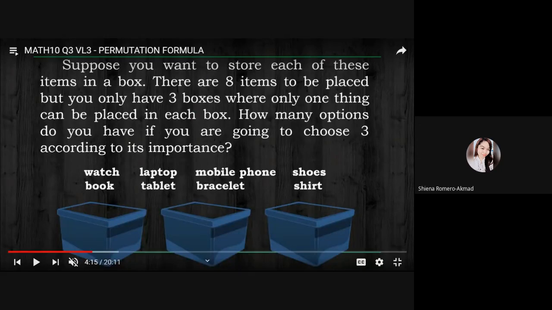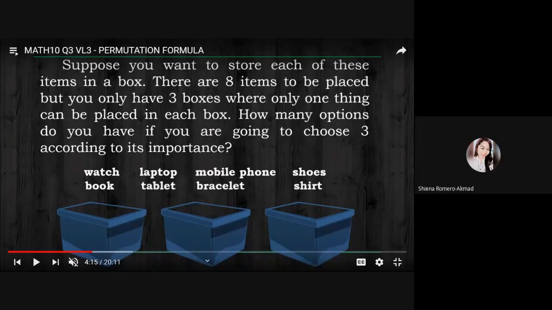So let me ask one of you. 1 lang para mabilis tayo. Ningoy. So, kung tatanungin ka, alin dyan ang pipiliin mo? According to its importance, alin yung ilalagay mo sa box para maingatan? Yung book po. Book? Ano pa? Mobile phone saka... Mobile phone tsaka?